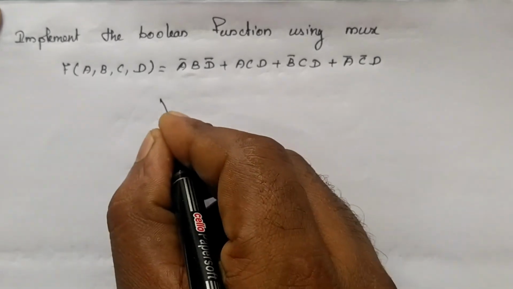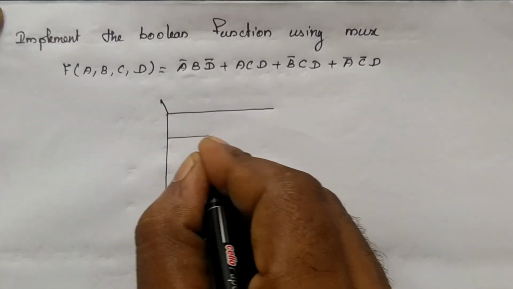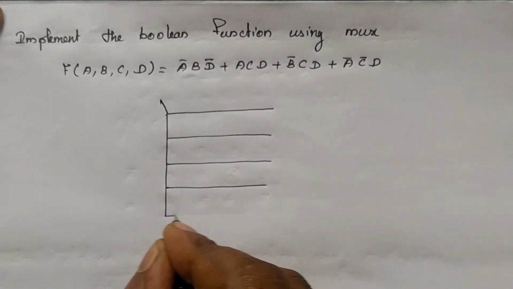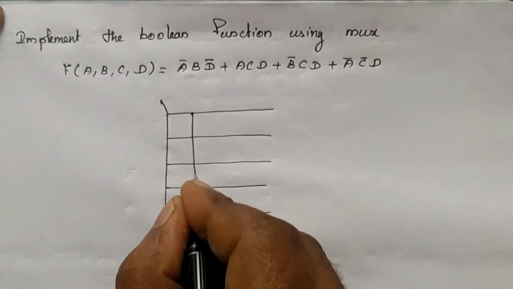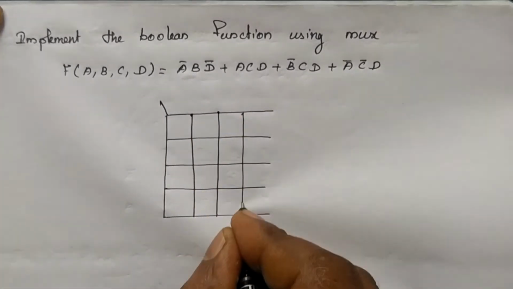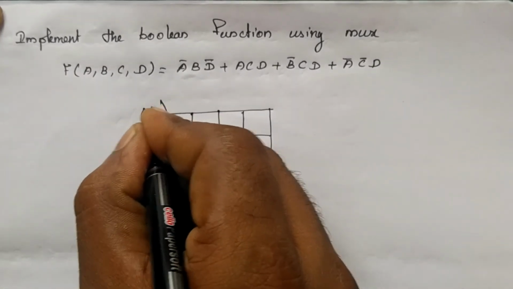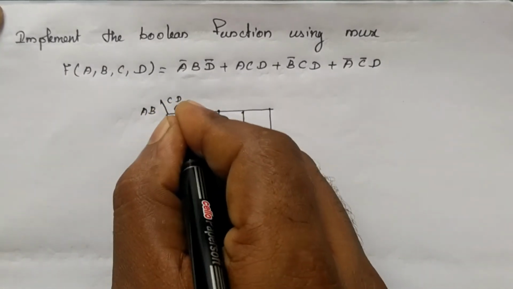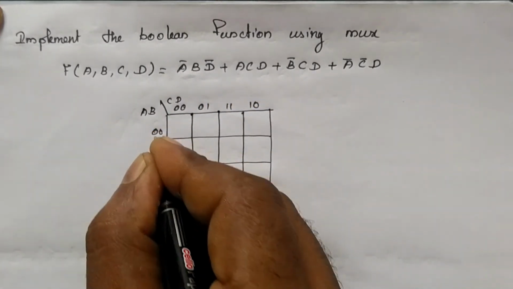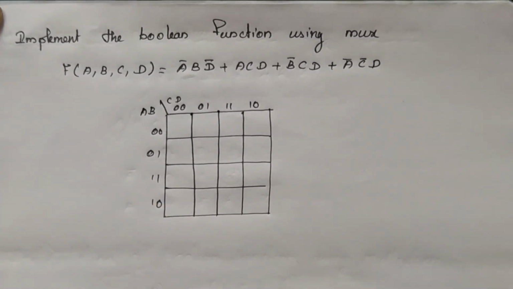Here, to find the min terms, we have A, B, C, D with the values 0 0, 0 1, 1 1, 1 0 for both the rows and the columns.